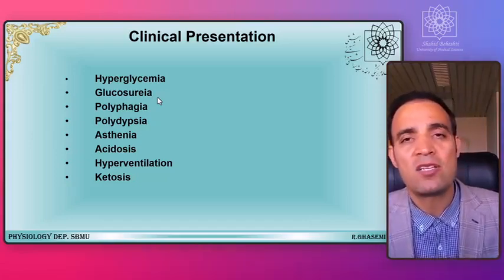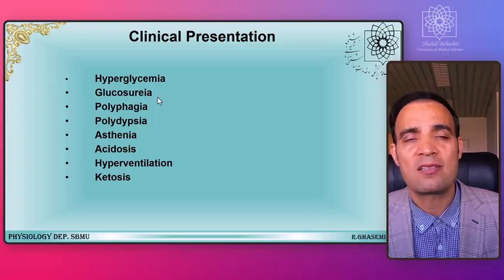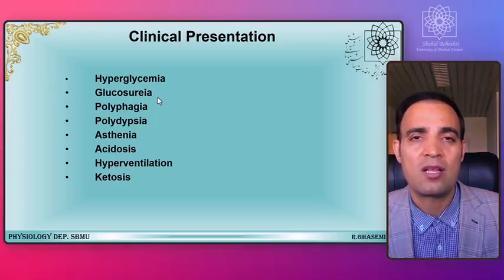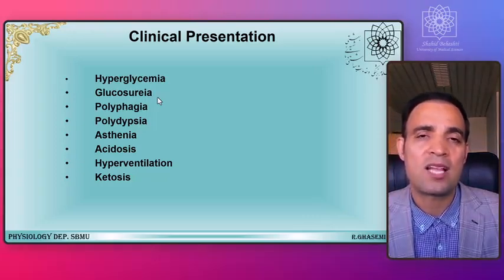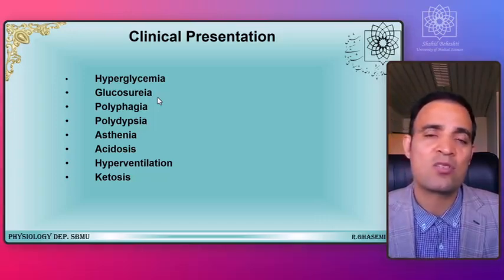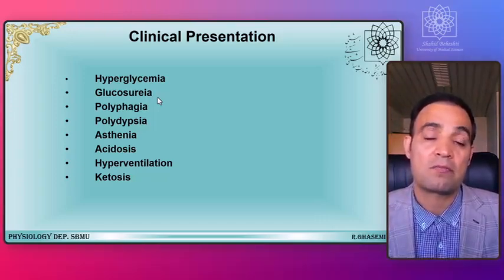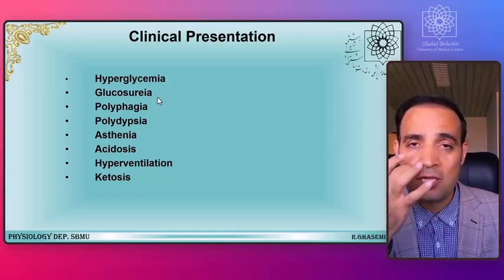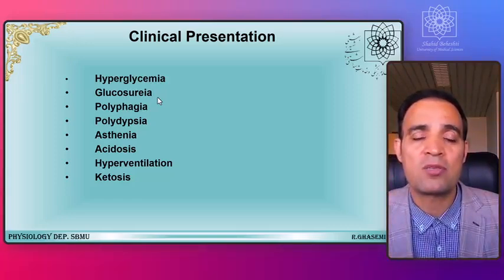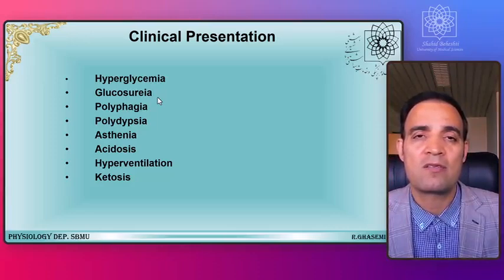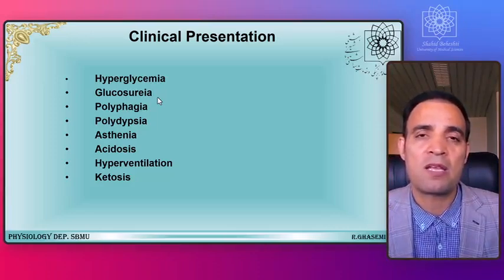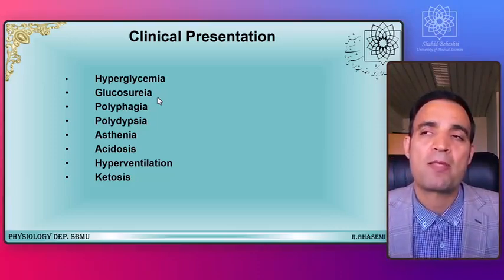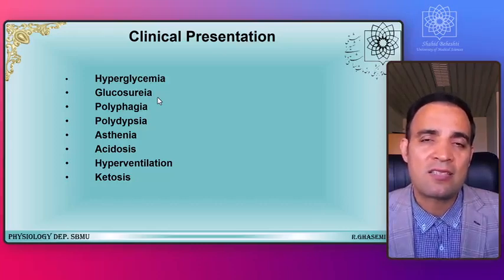One reason that we say diabetes mellitus is the sweet taste that they have in the urine, and historically it was known that those who have diabetes mellitus, when they pee in some area, will attract insects.